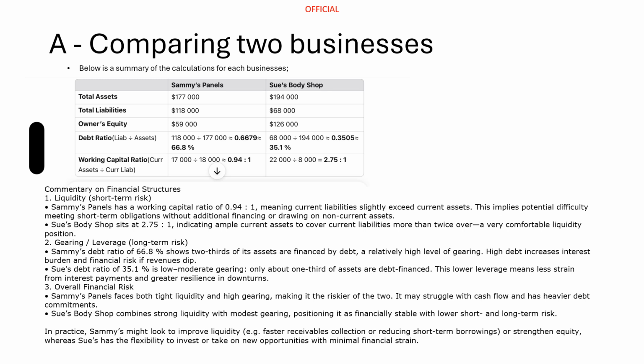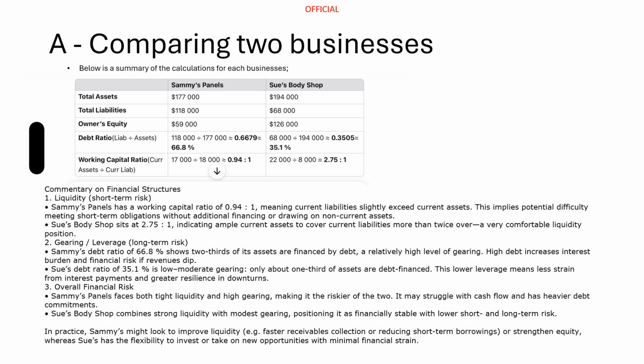So number one, liquidity. Sammy's Panels has a working capital ratio of 0.94 to 1, meaning current liabilities slightly exceed current assets, indicating possible cash flow issues. Sue's Body Shop, with a ratio of 2.75 to 1, shows strong liquidity and the ability to easily meet short-term obligations.